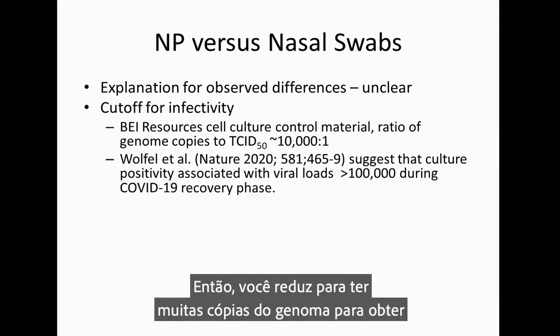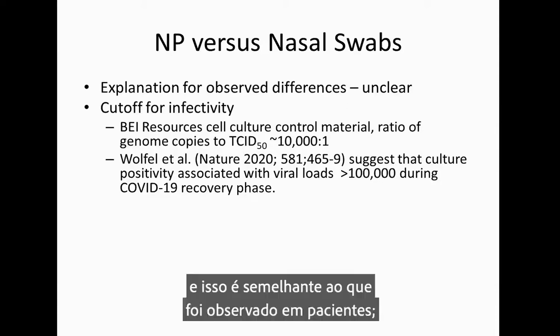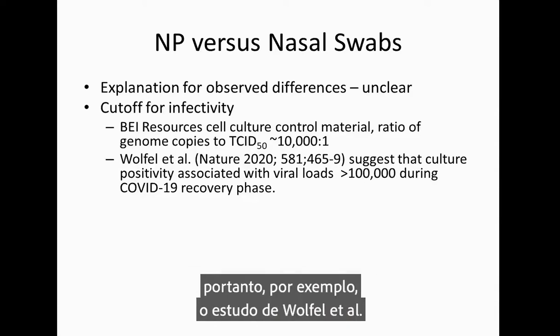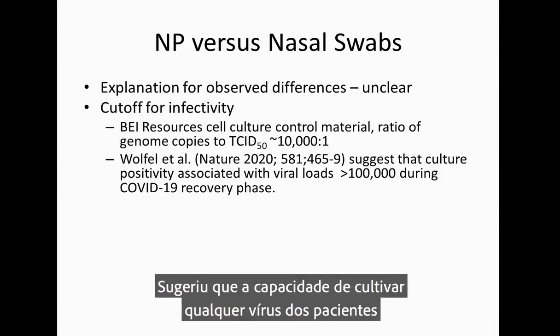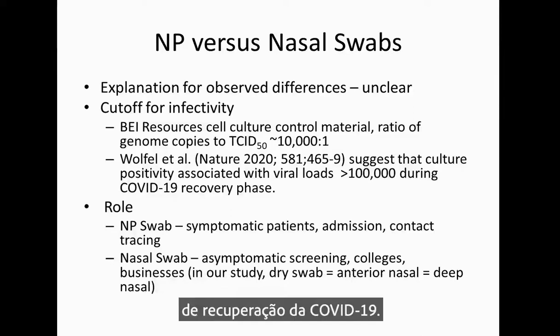So you have to have a lot of genome copies to get a single infected tissue culture cell. This is similar to what's been observed in patients. For example, the study by Wolfel et al. suggests that the ability to culture any virus from patients appears to occur with viral loads greater than 100,000 during the COVID-19 recovery phase.